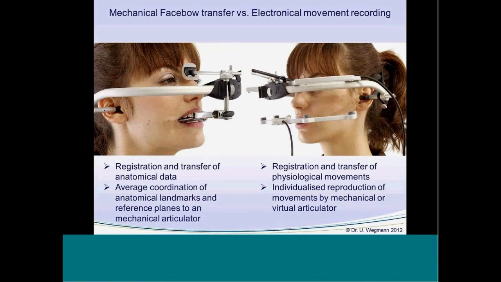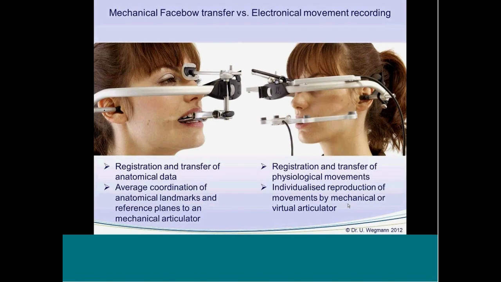And there's another difference between facebow and Arcostigma. With the facebow, we usually have an average coordination of these anatomical landmarks to reference planes at our mechanical articulator. On the other hand, with electronic recording, we have individualized reproduction of the patient's movements with the help of a mechanical or virtual articulator.